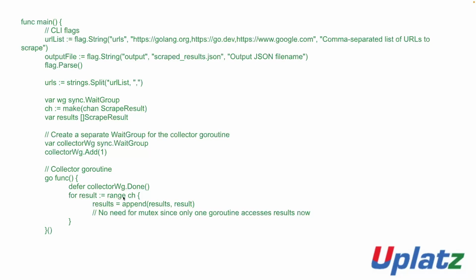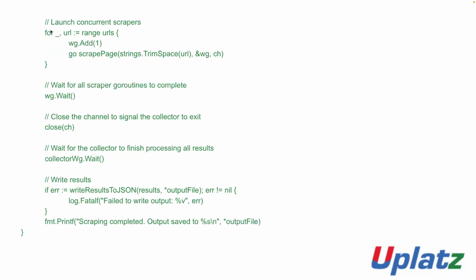Then for each result ranging over the channel, append the result. No need for a mutex, as only one routine accesses the results now. Next, launch concurrent scrapers: wg.Add(1), and go scrape just like the previous one, strings.TrimSpace, &wg, ch.